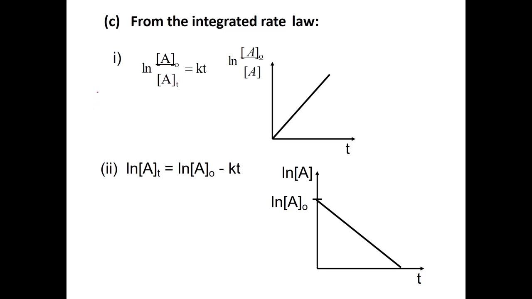Basically, this one is ln A naught minus ln A t is equal to kt. So this one is your mx, this one is your y.